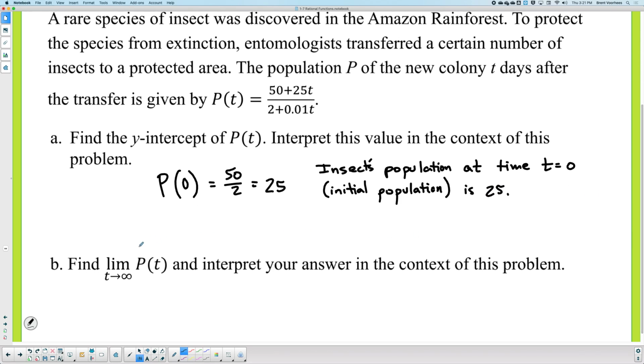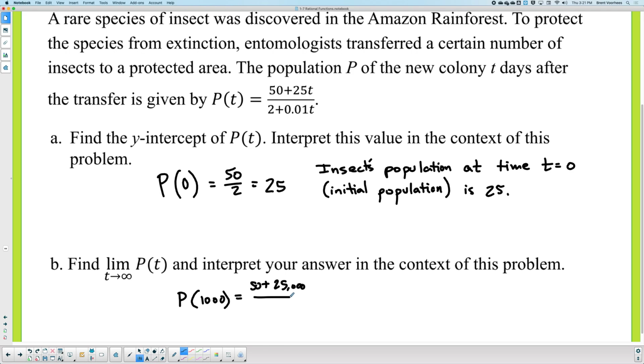It says find the limit as t goes to infinity. So as time goes on, what would happen? Now, one way you can do this, if you want to estimate, is you can put in a large number. So let's just say I put in like 1,000. That's a really large number. You can get an idea where this graph is heading to. So what I would have is 50 plus 25,000.